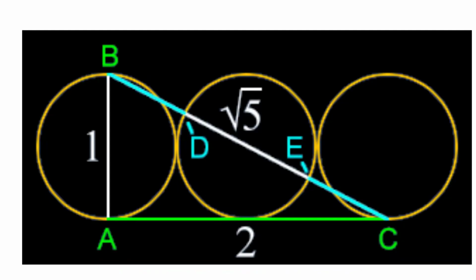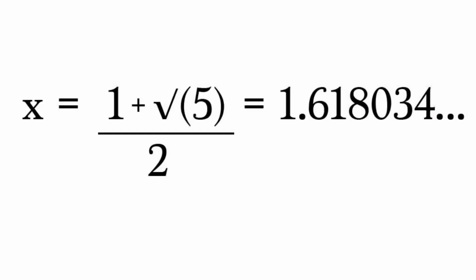And here is a way to derive the number using the Pythagorean theorem with a right triangle and with these circles to provide us with a notion of what is a unit. What is the number 1? And it's basically the diameter of a circle. And those are the numbers we use to derive phi.